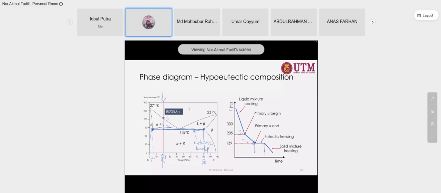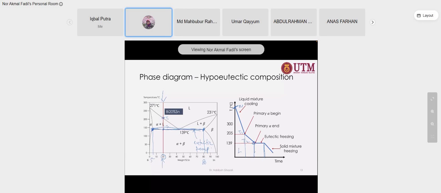So there is one single constant temperature transformation. Okay, right. What happened is, between this temperature, the melting temperature, where it is liquid only in this phase.